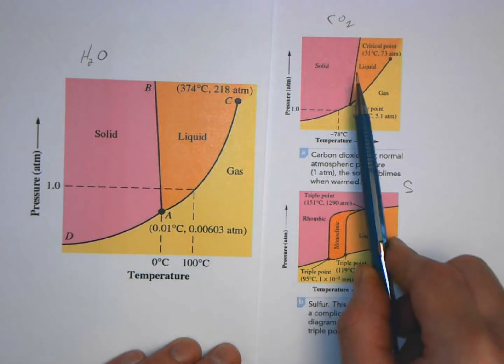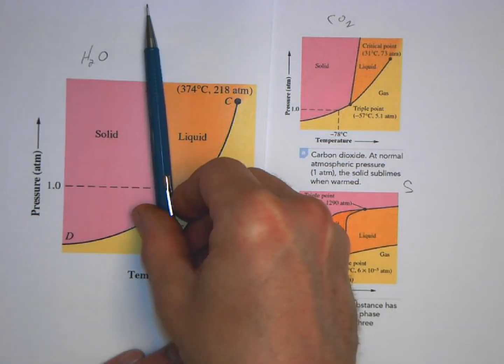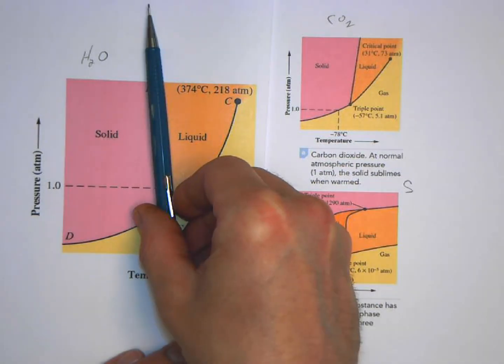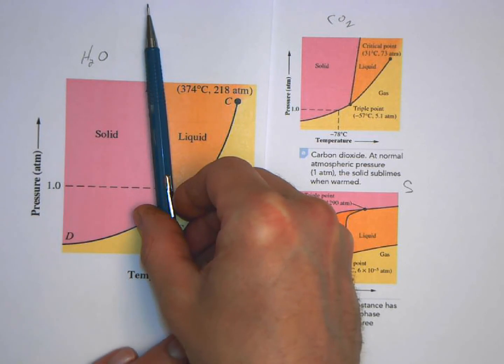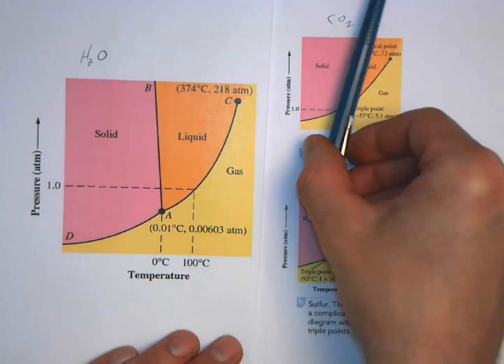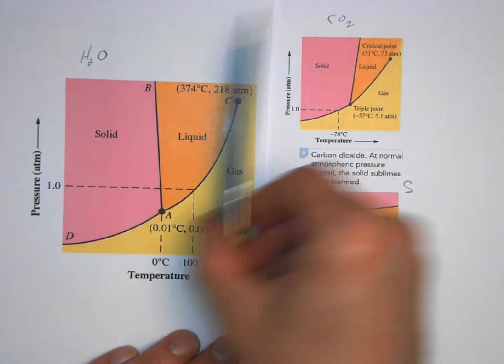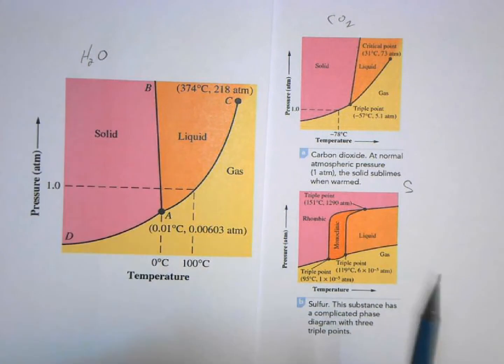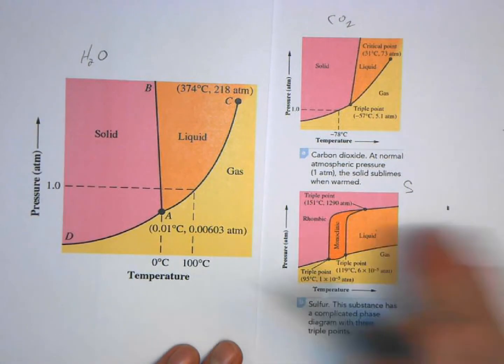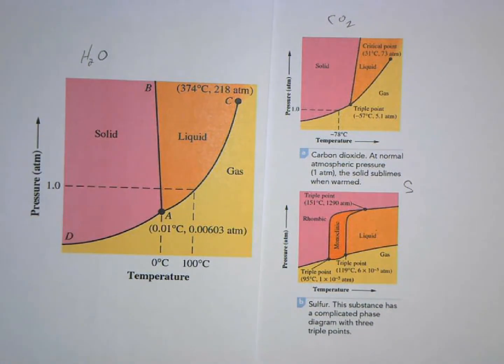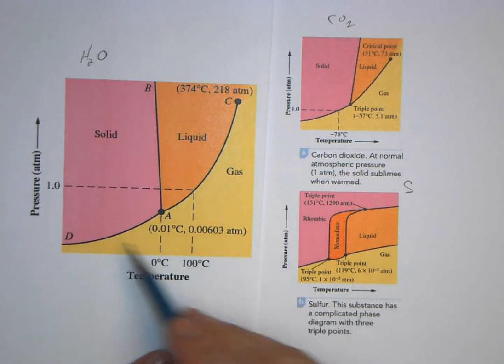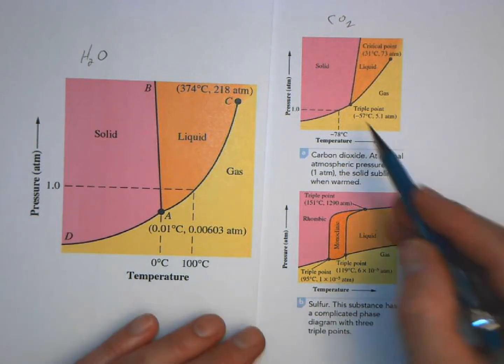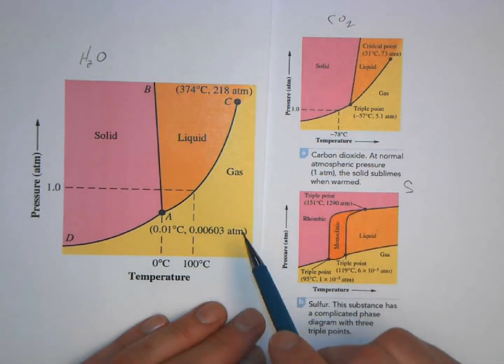Between water and CO2, the slope of this change in freezing point or melting point with pressure goes in different directions. Here it's got a negative slope, and in this case it's got a positive slope. The other parts are somewhat similar in shape.